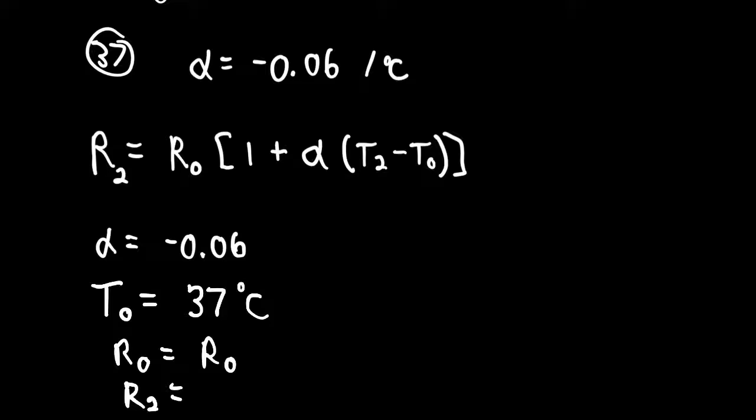82% of what? 82% of the initial resistance. So it's 82% of the resistance at 37 degrees. So this R2 is 87% of R0.